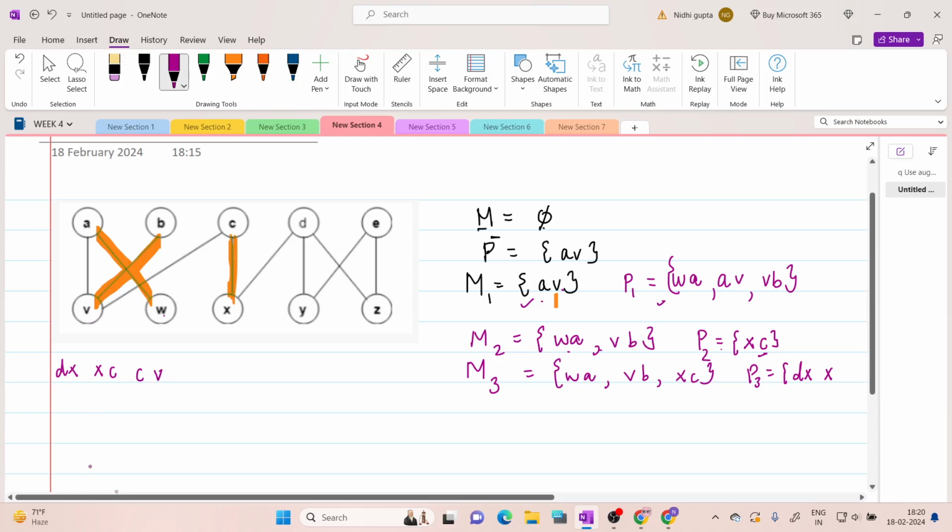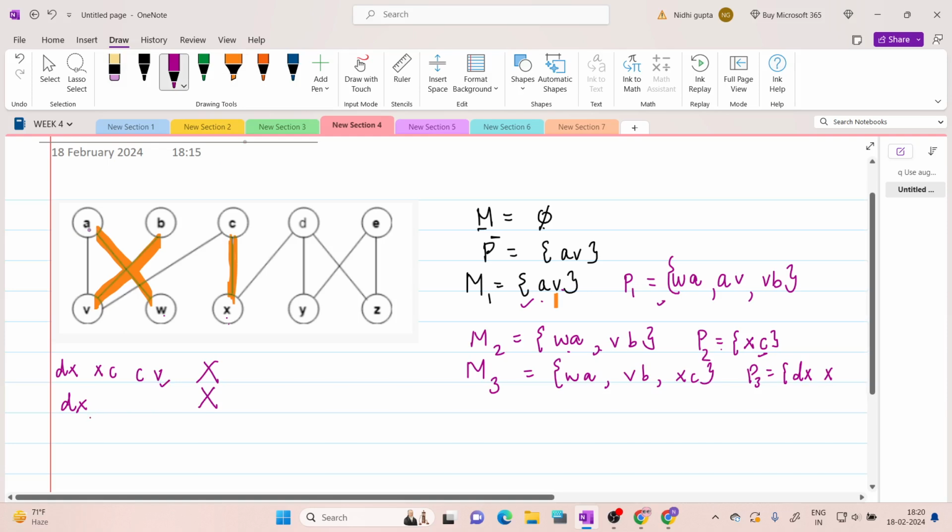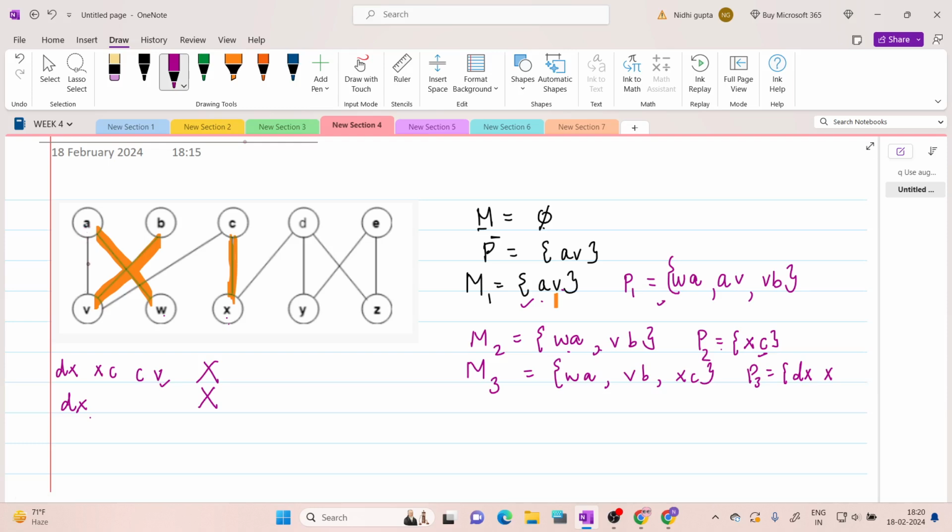DX we cannot take because X is a matched vertex. So DX, XC, CV are not augmenting paths because they do not start and end with unmatched vertices. In this case the matched vertices are A, V, B, W, C, X, so an augmenting path should start and end outside these vertices. So these two are not augmenting paths.